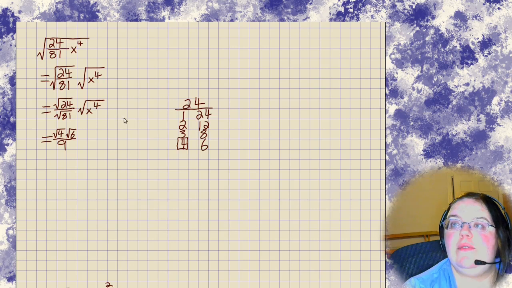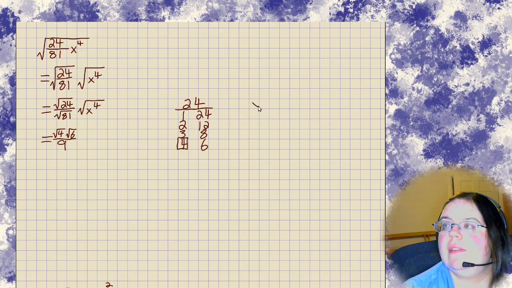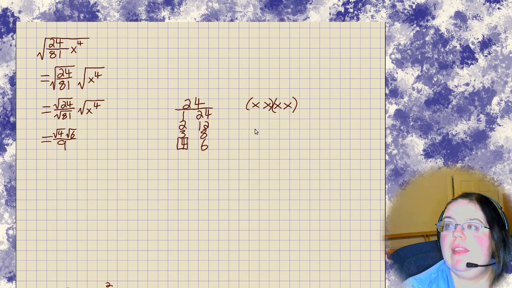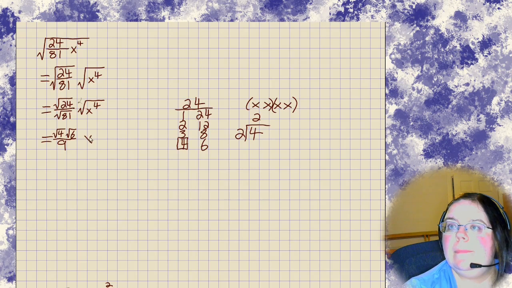Now this x to the 4th here, if we expand that out, we see that we could make 2 equal factors, 2 equal groups like this. And one trick that people will use is they will take the power on the exponent and divide that by the root, in this case, an invisible 2. And that will tell them how many factors in each group.